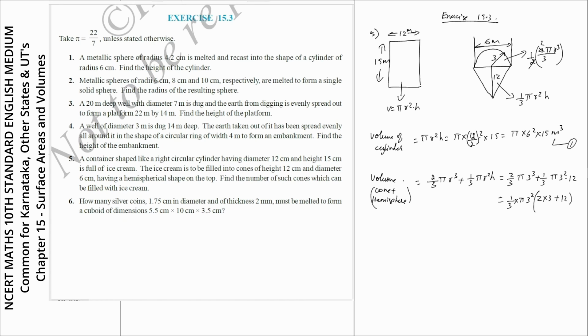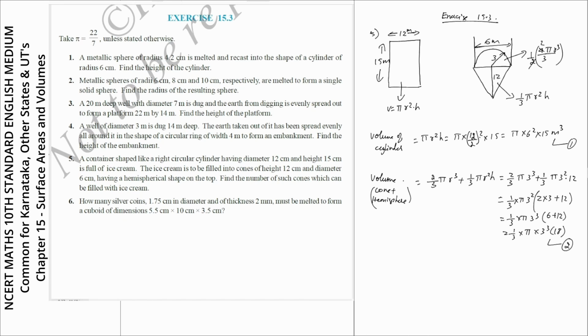So this is equal to 1 by 3 into pi into 3 square into, now 2 3s are 6, 6 plus 12, into 18. Now this I will mark as 2.